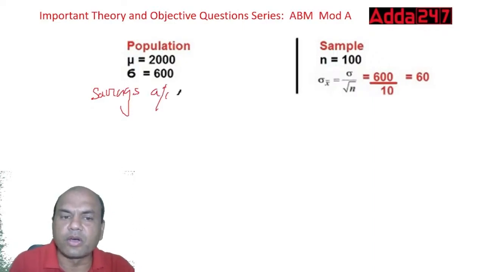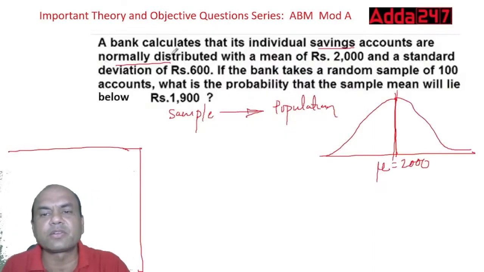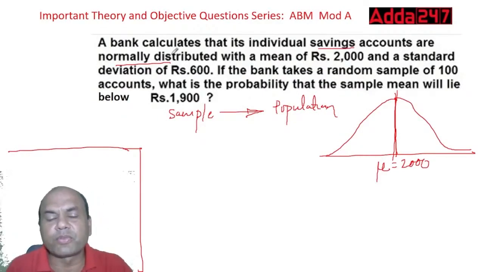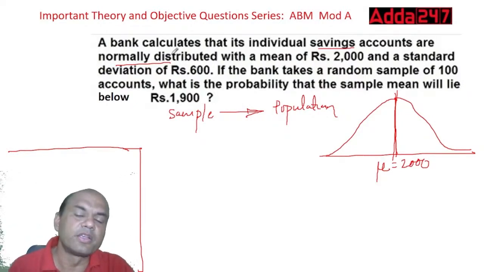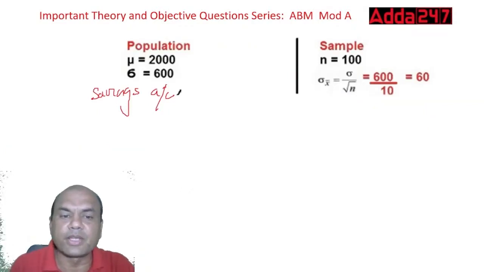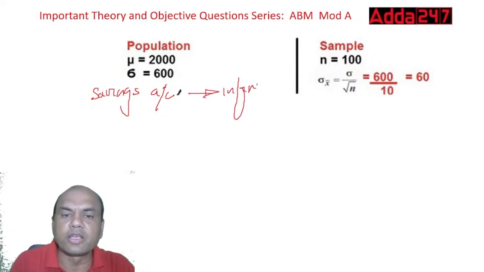Now, do you know how many savings accounts are there? Have they mentioned that the bank has 1 lakh savings accounts, 50,000 savings accounts, something like this? Nothing. So it means this savings account population becomes an infinite population.